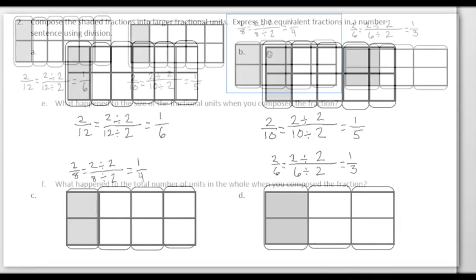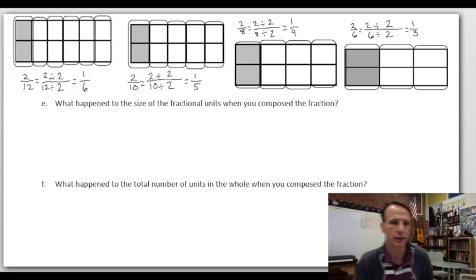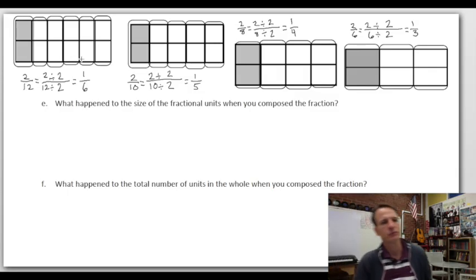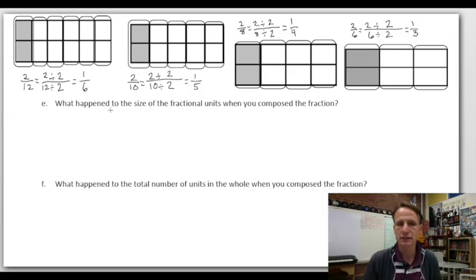Rolling on. And an E and F here. We just have to answer some questions, just like in the good old days. So I copied what we did on number 2 up here so we can refer to it. So the question is, what happened to the size of the fractional units when you compose the fraction?